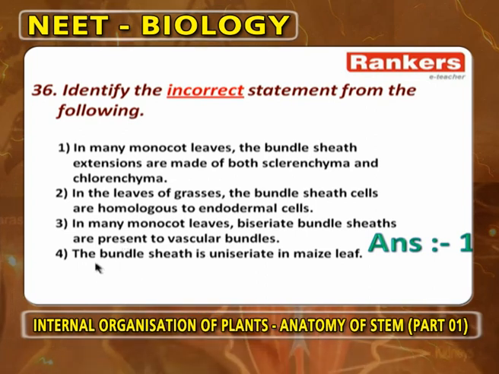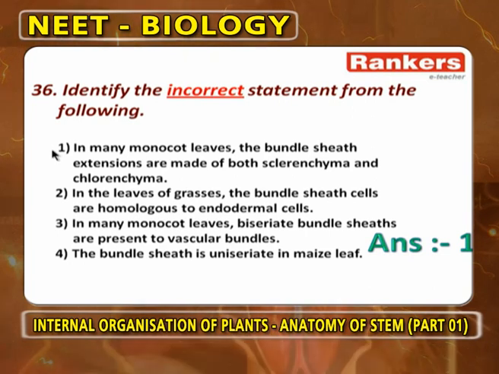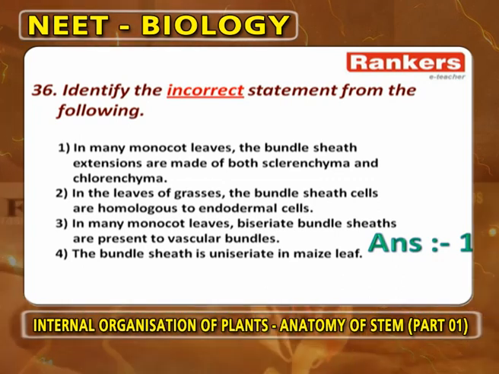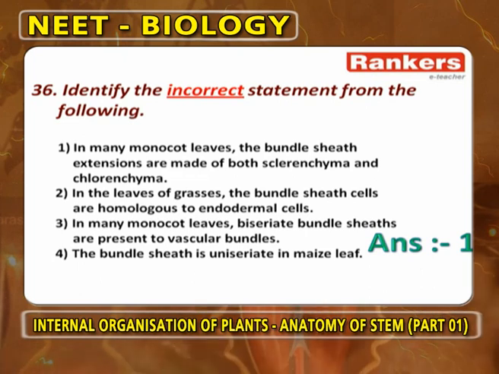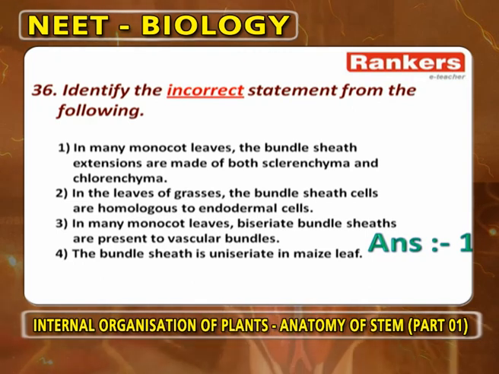So, wrong is, in many monocot leaves, the bundle sheath extensions are made up of both sclerenchyma and chlorenchyma. It is made up of sclerenchyma and parenchyma. In a dicot leaf, bundle sheath extensions running from endodermis or bundle sheaths to upper and lower epidermis is parenchymatous. Whereas in monocot leaf, the bundle sheath extensions are sclerenchymatous. So, correct answer is the first one, the incorrect statement in these 4.